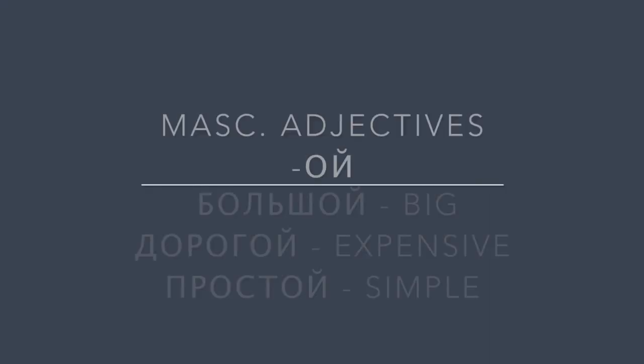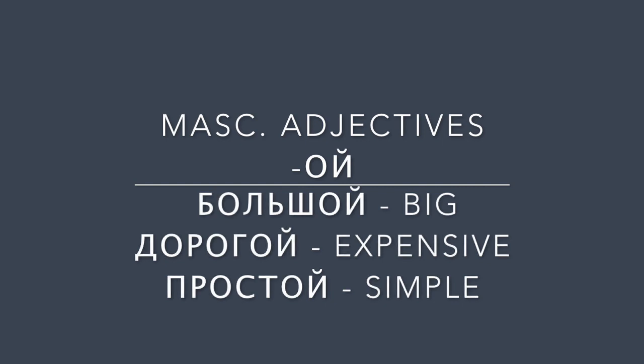Now let's go back to masculine for a second. There is actually a third ending possible, and the ending is ой. For example, like in the words большой, big, or дорогой, expensive, or простой, simple. So there are several adjectives that will have ой as their masculine ending. Again, just something to memorize.